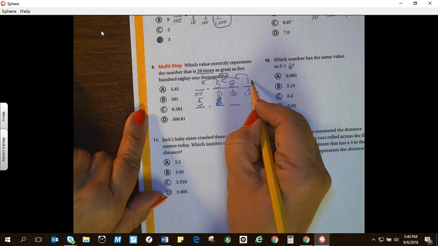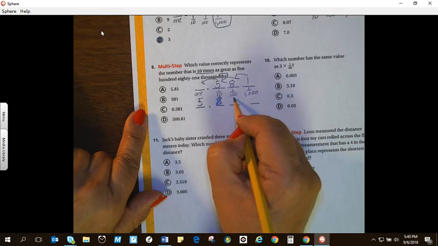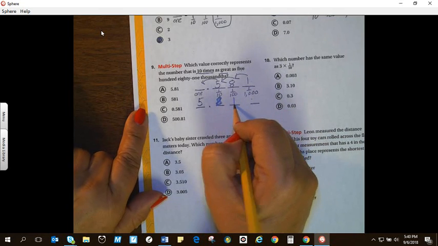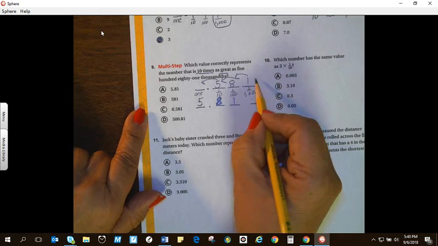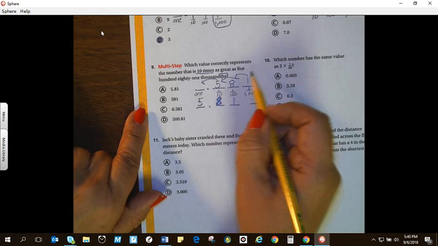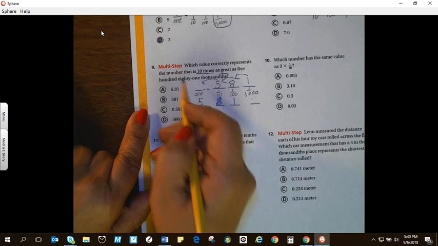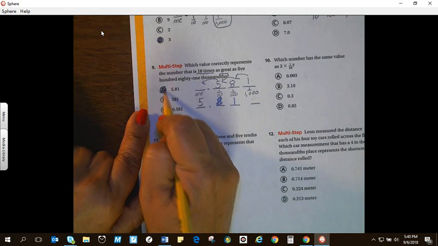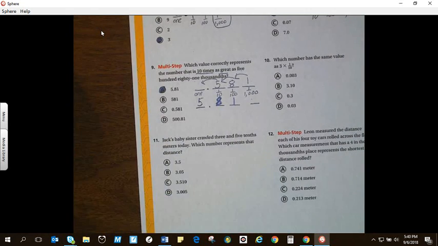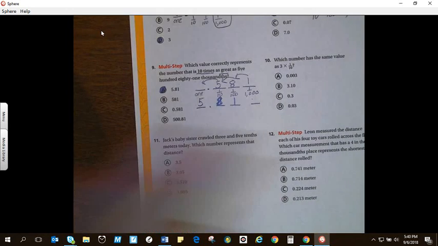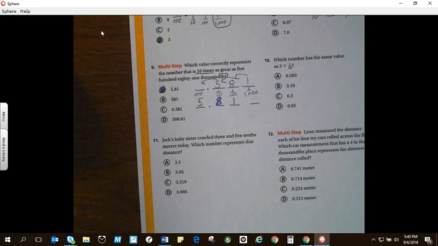And my 1 gets moved from the thousandths to the hundredths place. So which one shows the value that's 10 times as great as this? The answer is A. Very good. All right. And remember, showing your arrows. This helps your brain process the order and how to explain the tens and the tenths when moving the decimals.